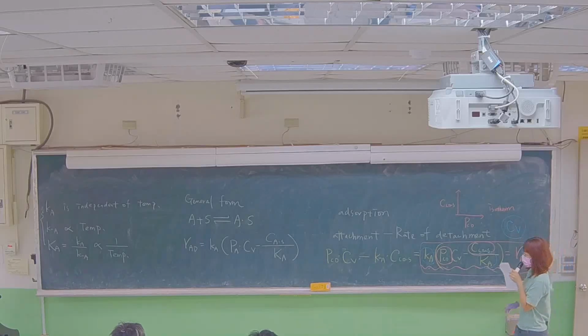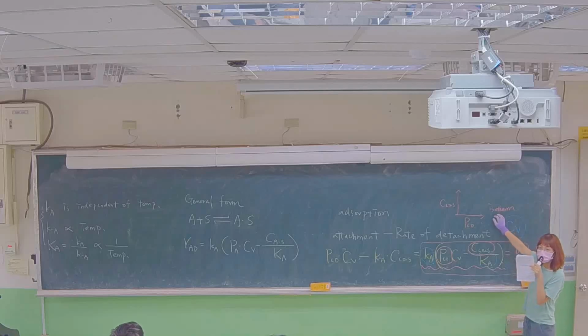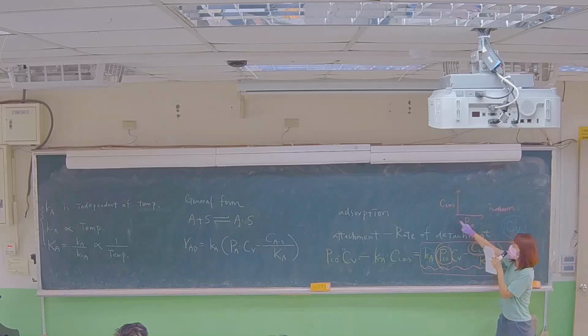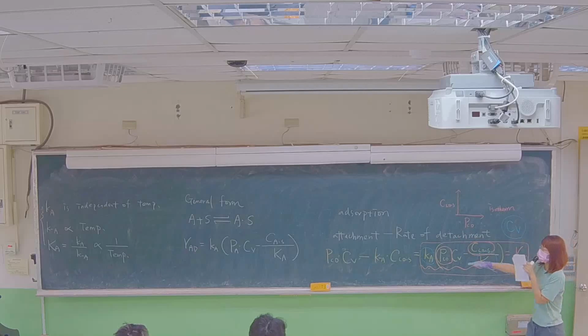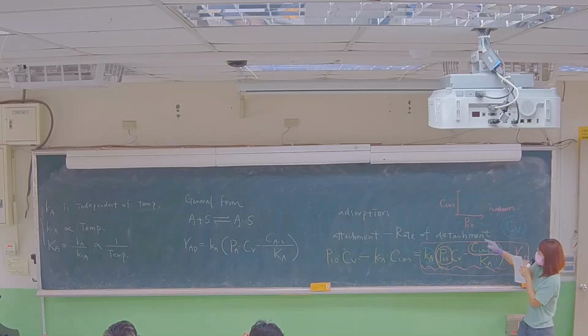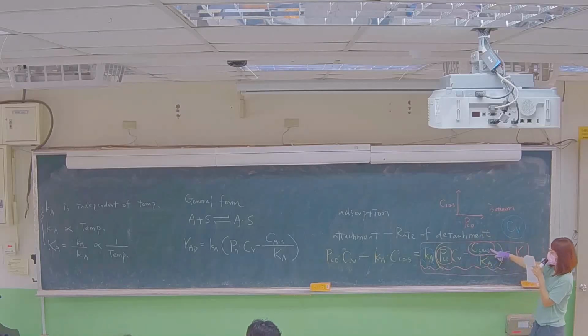I don't suggest you memorize everything, but you have to know the purpose: to draw the isotherm. You want the relation between these two, so you have to examine where these two parameters are in the final equation.